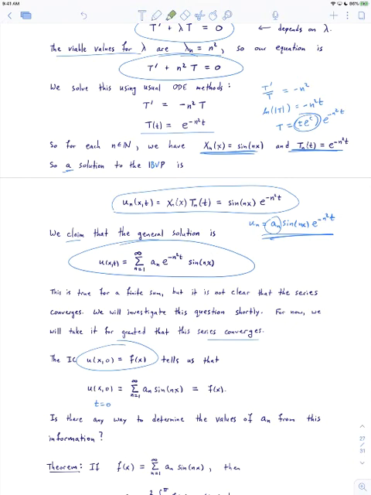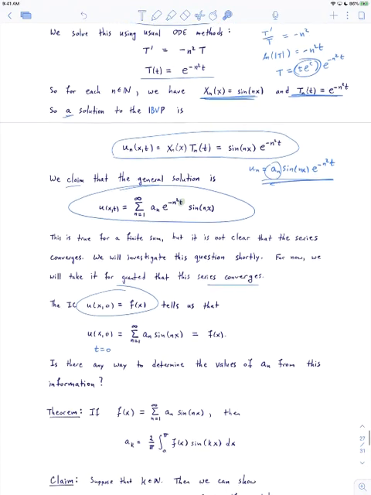If t is equal to 0, then you have e to the 0, which is 1, so that term just goes away. Then you're left simply with a sub n times sine of nx. So the initial condition tells us that f at x is equal to this infinite sine series. So the question is, is there any way to determine the value of a sub n from this information?